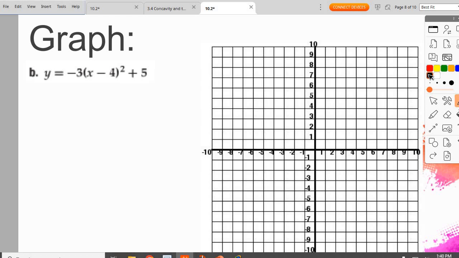So this is vertex form that we had when we did quadratics. But what do we need to do to make this form match our standard form on our equation? Subtract 5 on both sides. Okay. What else?